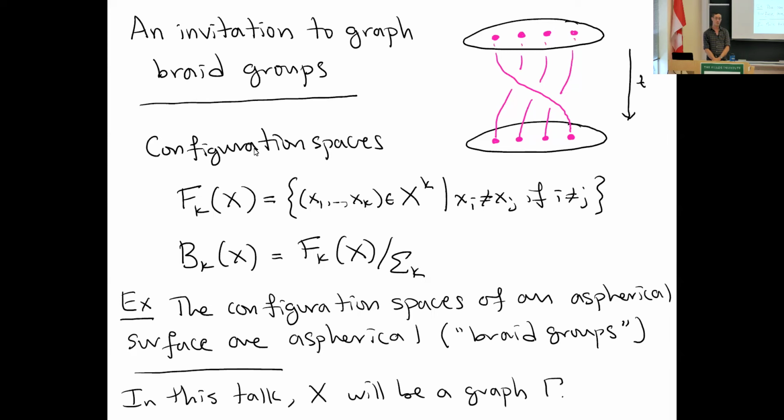What I'm talking about today is when the background space X is not a surface, but a graph. Maybe I'll say 2 words about some motivations for studying these spaces that date to 20 years ago or so, when they were first studied by Rob Ghrist and by Aaron Abrams. The original motivation comes from motion planning. You think about your graph as being like a network of some kind, like the streets of Toronto.